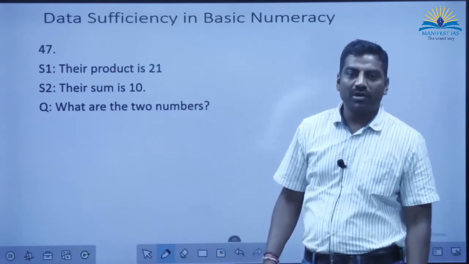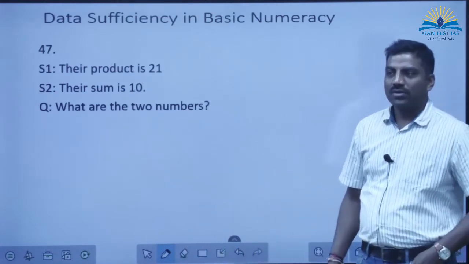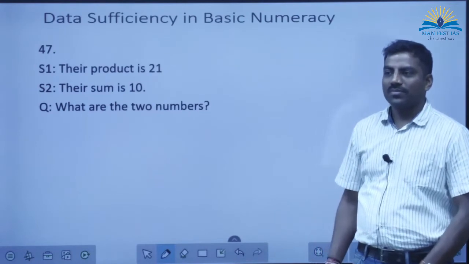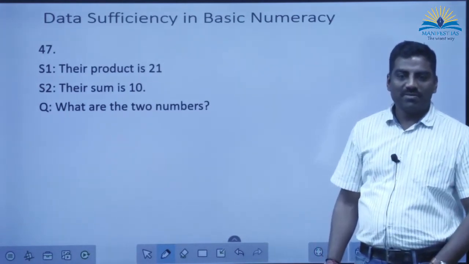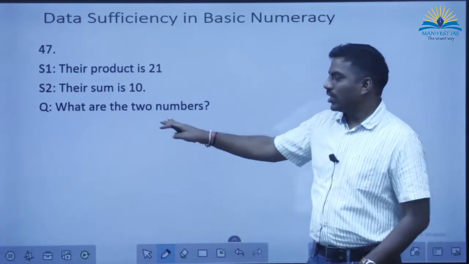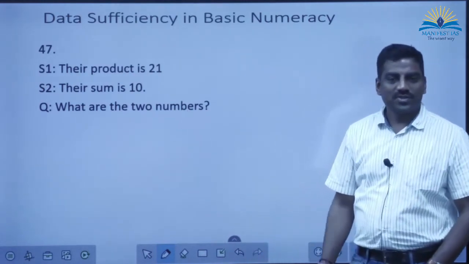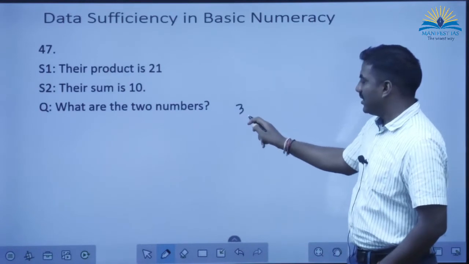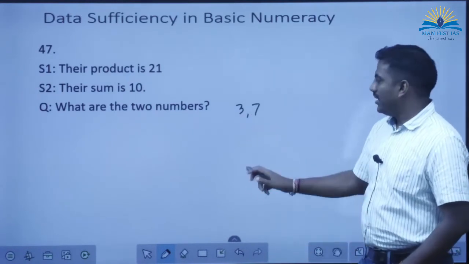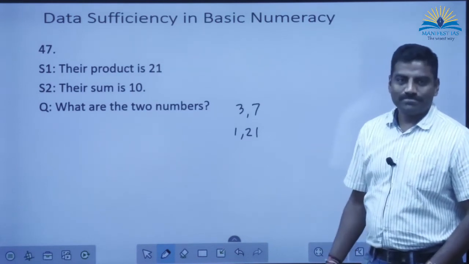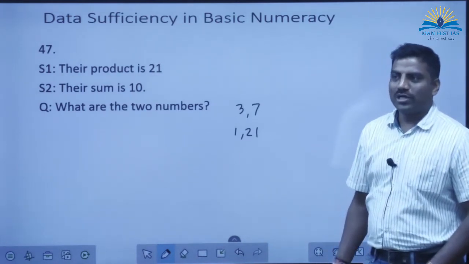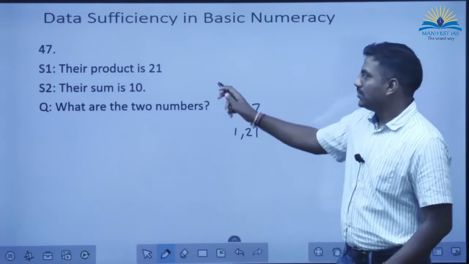What about 1 and 21? Can be right. What are the two numbers? One way you said 3 and 7. One way you are saying 1 and 21. There is no unique answer.